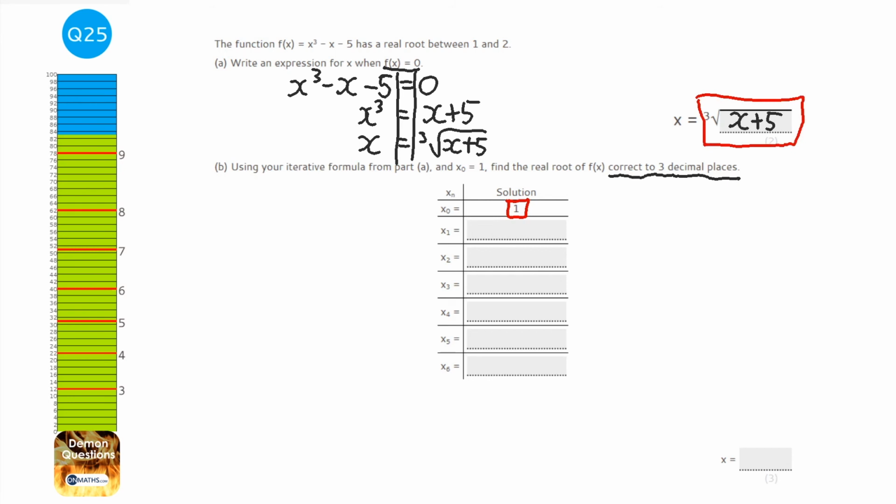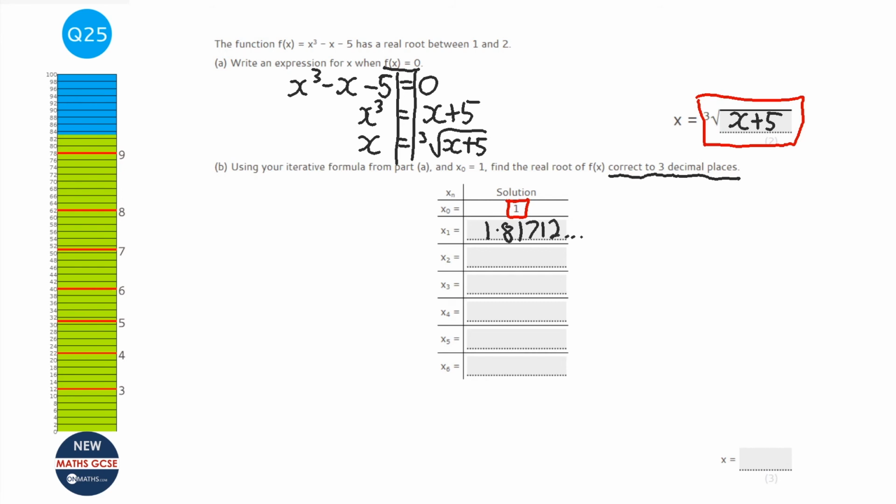Okay, so let's try it. So cube root of 1 plus 5, and that gets me 1.81712 and so on.